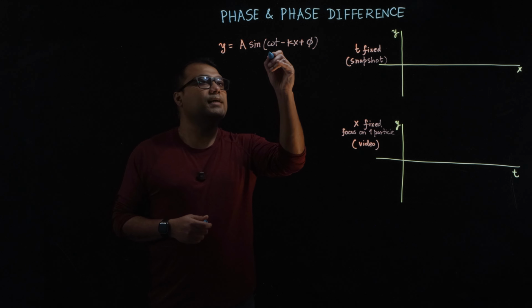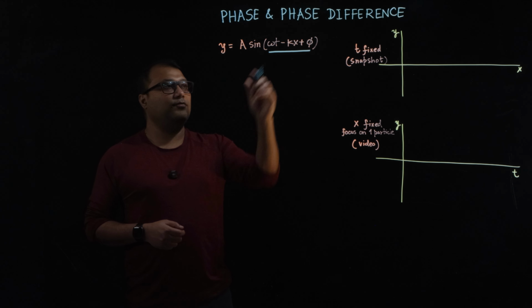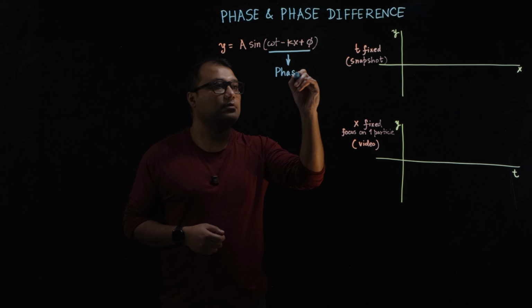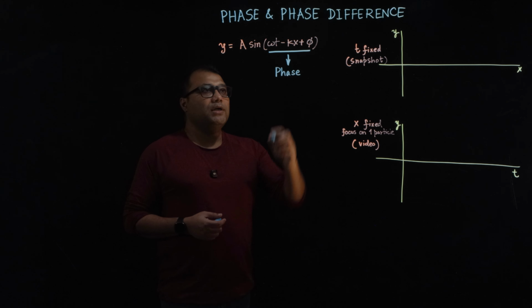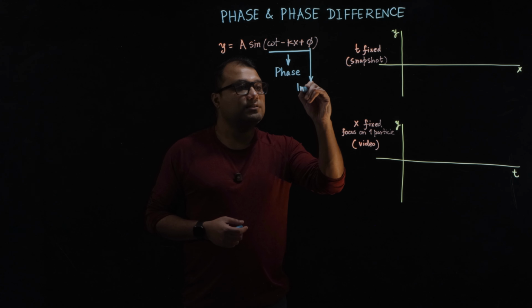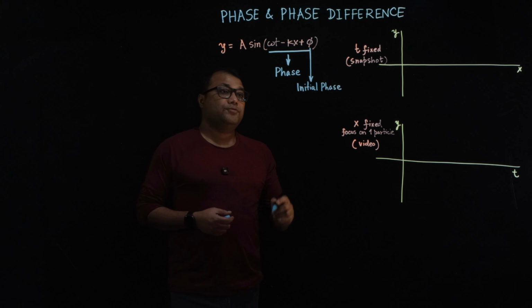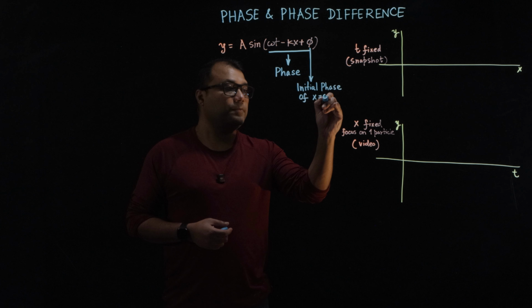Everything that is inside this bracket, inside this sine function, is called phase. Okay. What is phi in this case? Phi is the initial phase of the source particle at x equals 0.